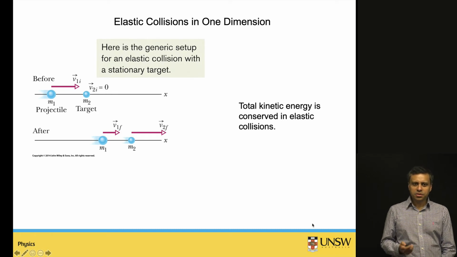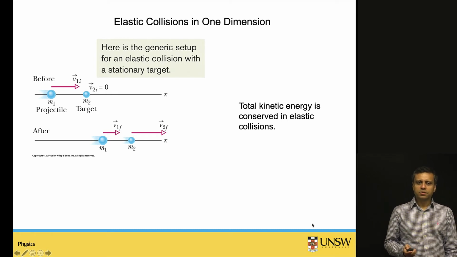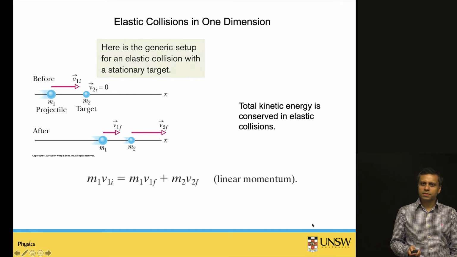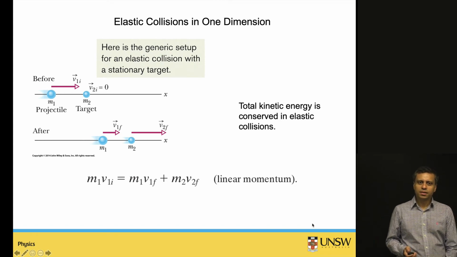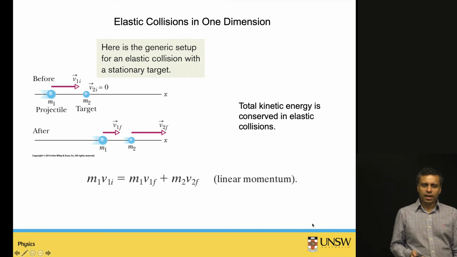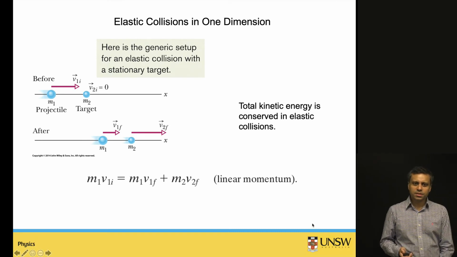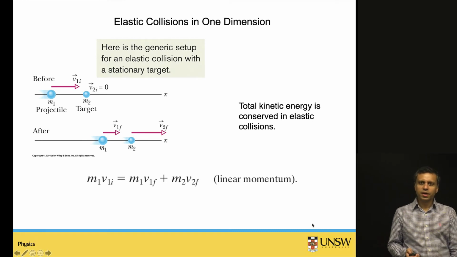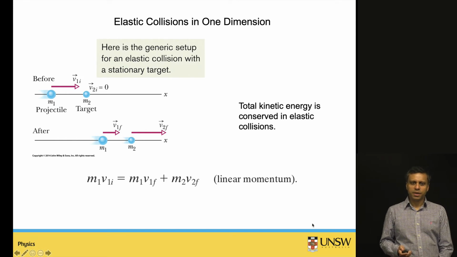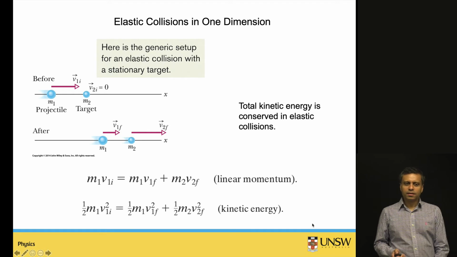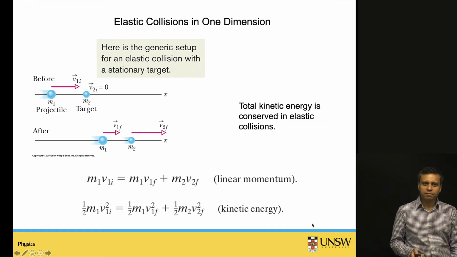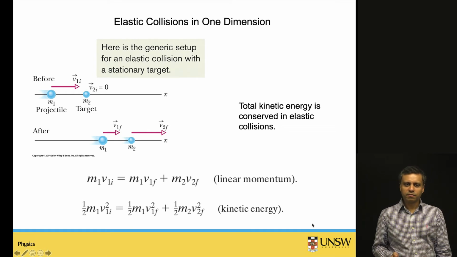We assume that this is an elastic collision, so we can write down conservation of linear momentum and conservation of kinetic energy. Initially the total momentum of the system is m1 times v1i, and after the collision, the total momentum is m1 times v1f plus m2 times v2f. This is the conservation of momentum. Kinetic energy is given by half m v squared, where v is the speed.